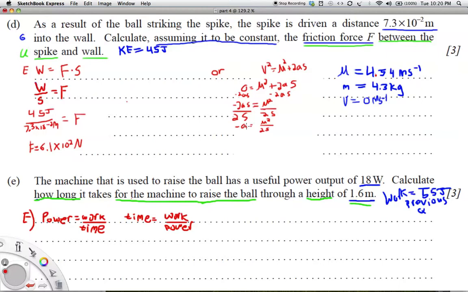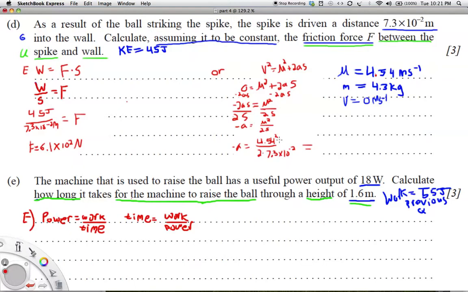All right, so let's plug some numbers in here. Negative a is equal to u squared, which is 4.54 squared divided by 2 times 7.3 times 10 to the negative 2.